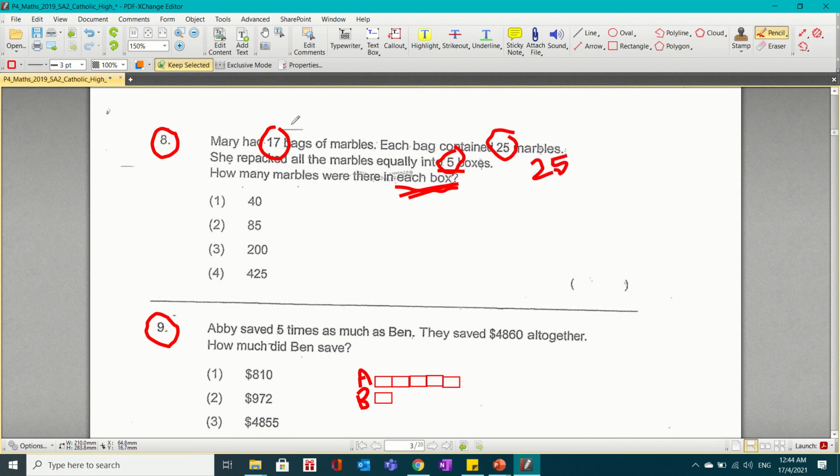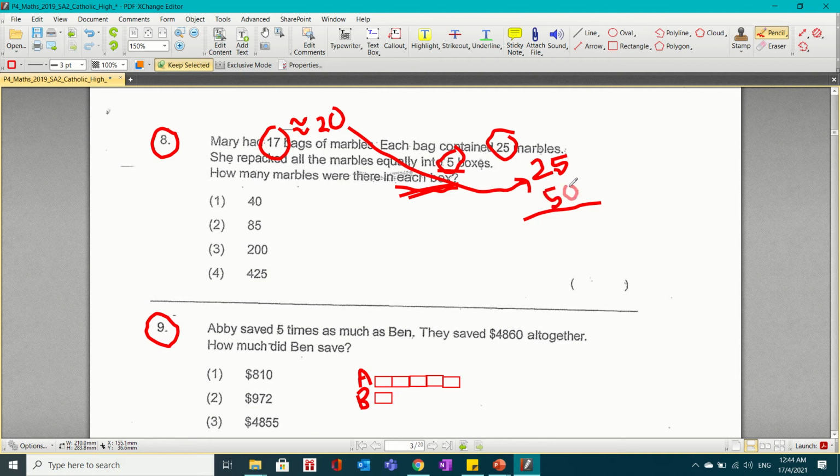Here I'm just trying to make an estimation. So 17 is approximately 20. So 20 times 25, the answer that you get should actually just be 500.